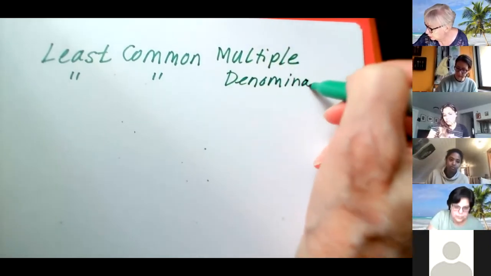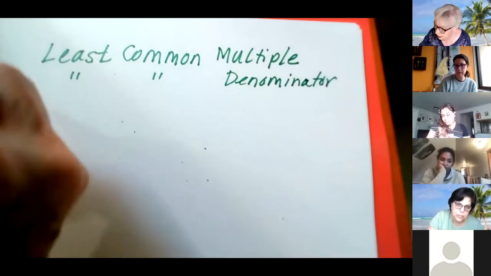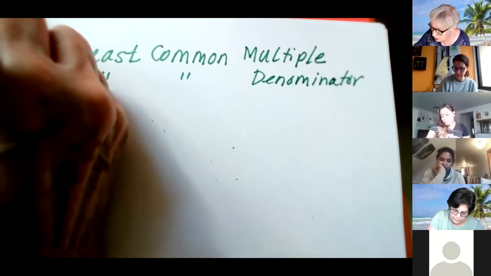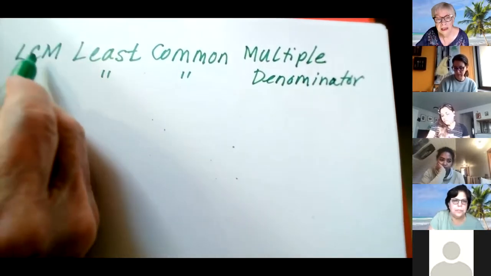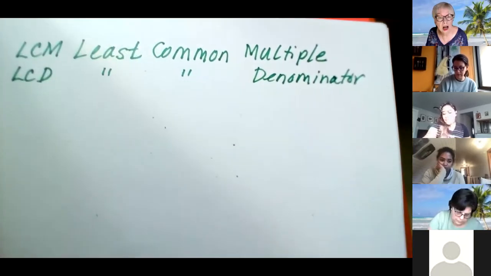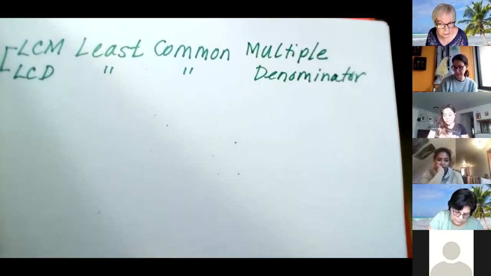I'll spell it right this time. So they abbreviate these because of these long words. So this is LCM, least common multiple, and this is LCD, least common denominator. And the fact is, they're the same thing.